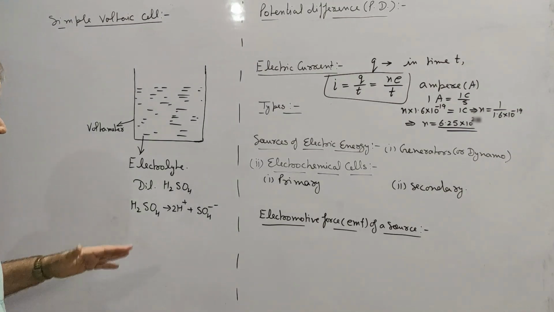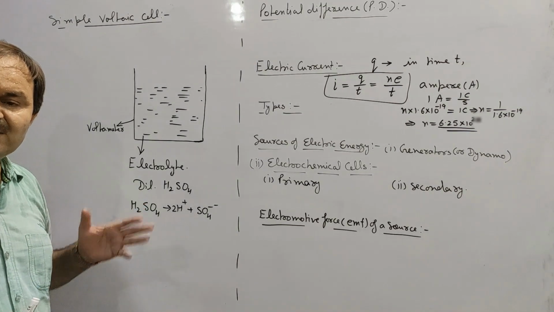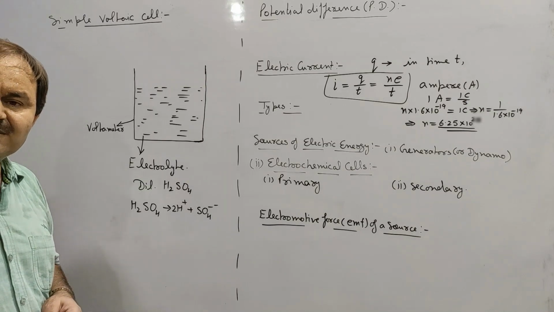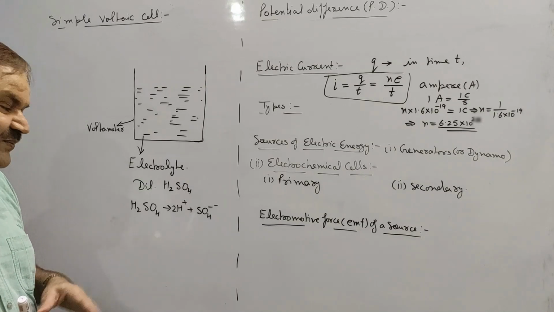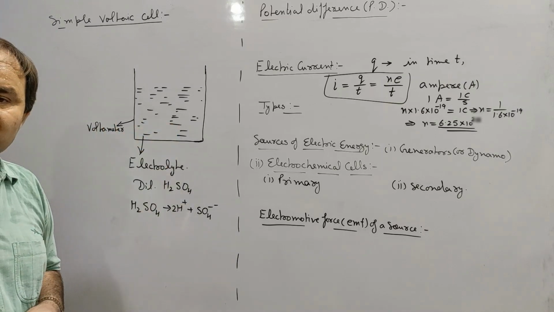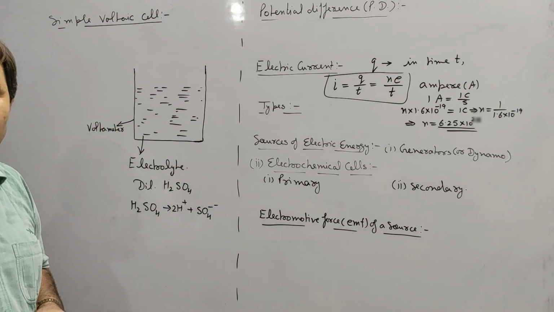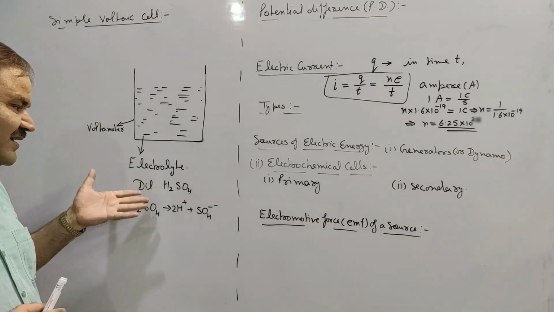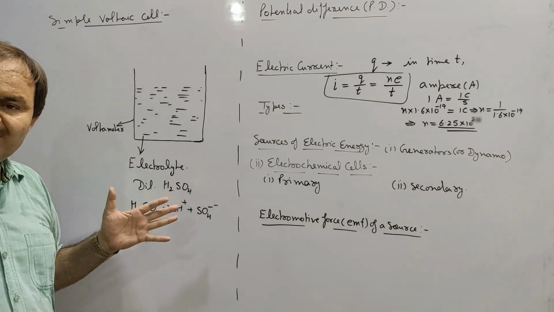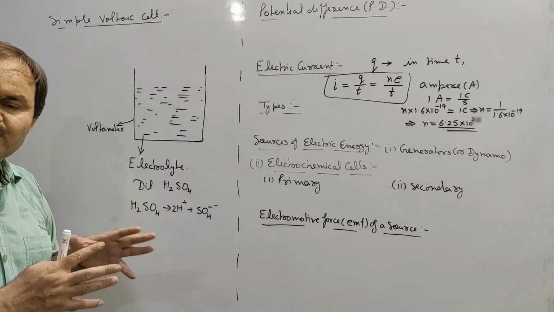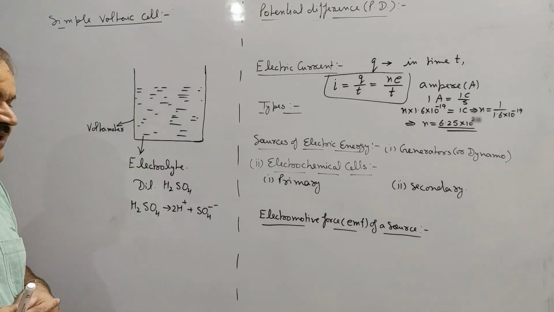In the same way, if we have NH4Cl as electrolyte, then NH4 plus and Cl minus. If we have CuSO4 as electrolyte, then Cu plus 2 and SO4 minus 2. So an electrolyte is an electrovalent compound which when dissolved in a suitable solvent decomposes into its constituent ions.